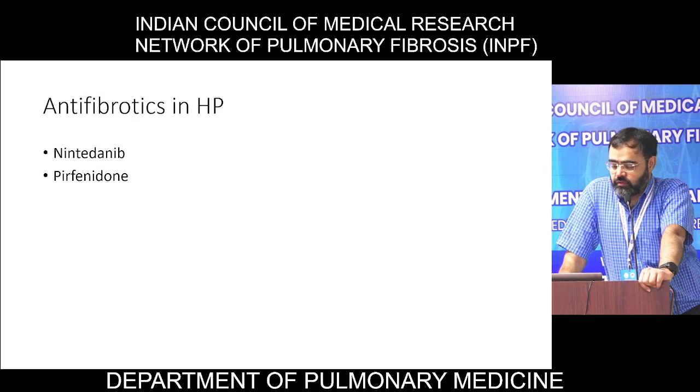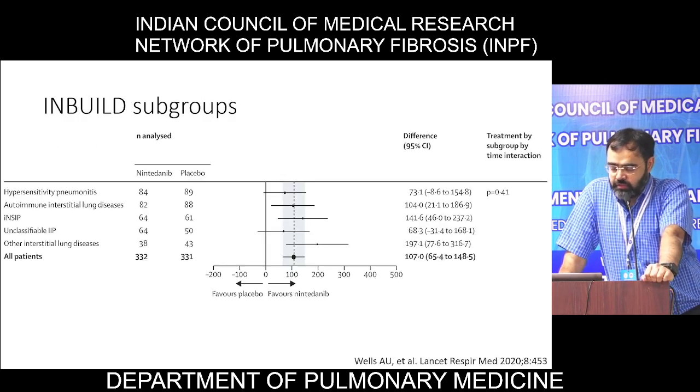Antifibrotics in HP: there are 2 antifibrotics available. They have a good amount of evidence in the treatment of idiopathic pulmonary fibrosis, IPF, nintedanib and pirfenidone. So this was the INBUILD study, which looked at the use of nintedanib in diseases which had progressive fibrosis but were not IPF.